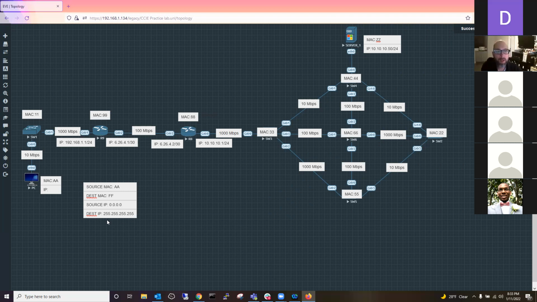I think the command on the router in order to get the broadcast packets to go to the DHCP server, which is outside the local area network, would be DHCP IP helper, something like that. Right. Excellent.